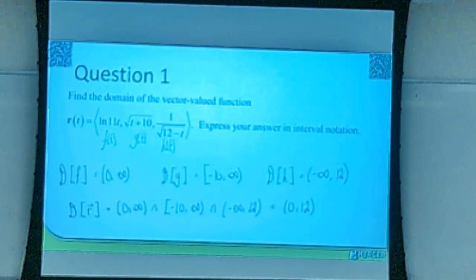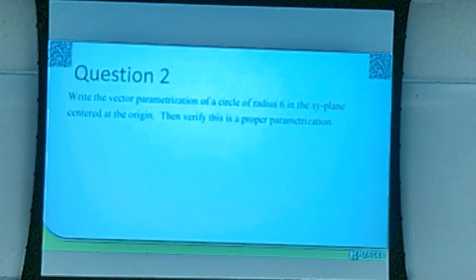That's exactly what's being asked here. We want the vector parameterization of a circle of radius 6 in the xy plane centered at the origin. And then we will verify that this is indeed a proper parameterization. Since we're dealing with a circle, I'm going to use theta as my parameter, but you don't have to.